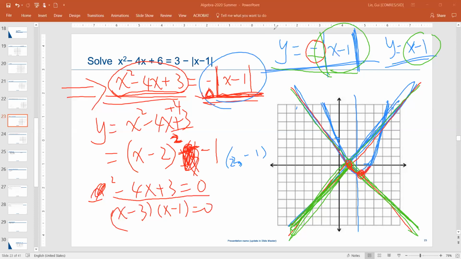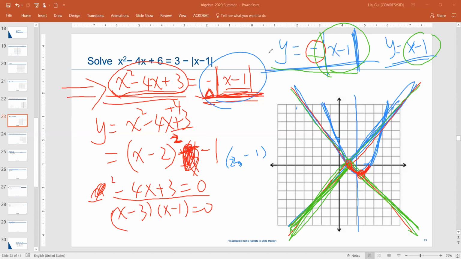Only this part can possibly cross. If we use the general calculation method, we need to break it down into x greater than or equal to 1, and x less than 1. So we have two pieces.